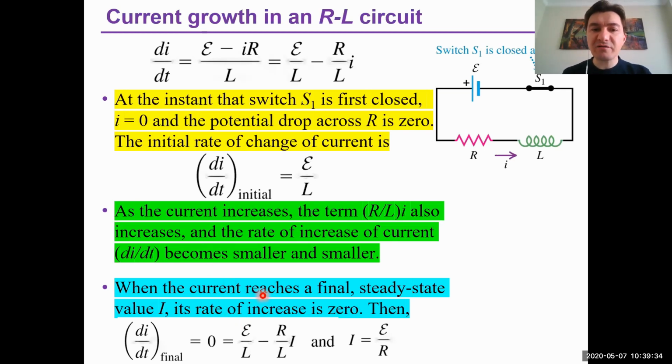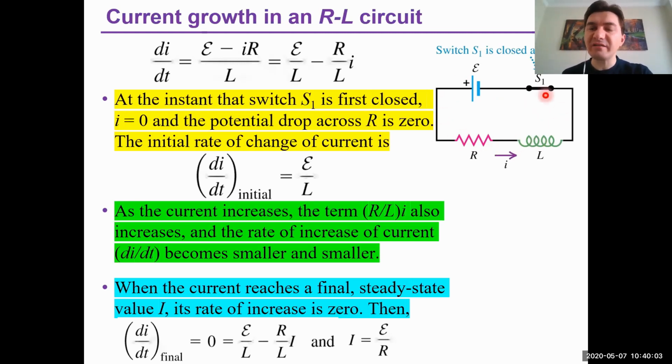And what about the third one? When the current reaches its final value, the maximum current in this circuit, which is constant with a value of I, then di over dt is 0 because there is no change in the current. Now we have a constant current in this circuit.